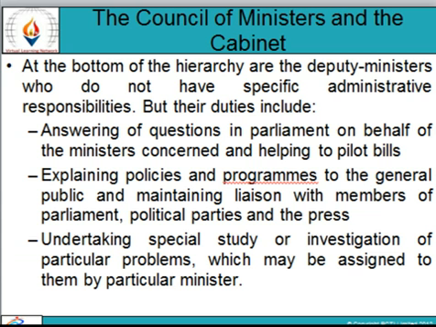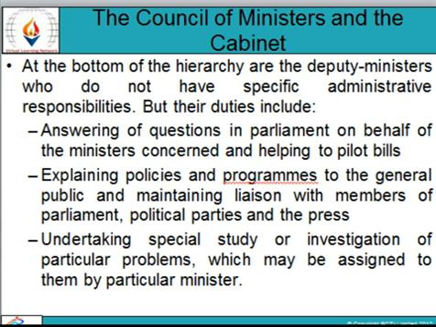At the bottom of the hierarchy are the deputy ministers, who do not have specific administrative responsibilities, but their duties include: number 1, answering questions in Parliament on behalf of the ministers concerned and helping to pilot bills; explaining policies and programs to the general public and maintaining liaison with members of Parliament, political parties and the press.